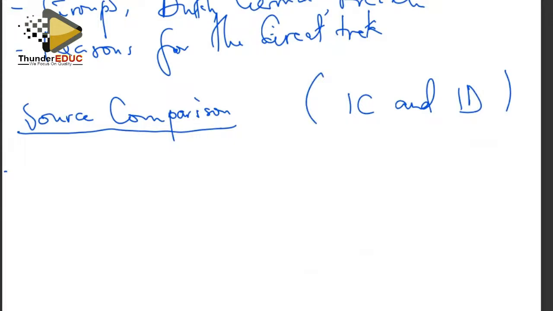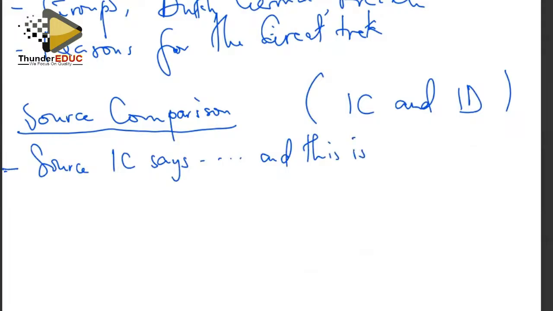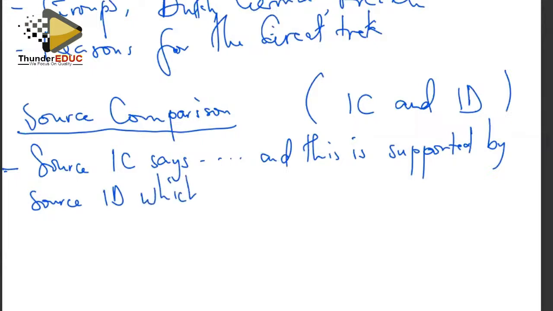You say in your response, source 1C is a written source, source 1C says, you pick an idea, and this is supported by source 1D. Remember, source 1D is a visual. Source 1D shows whatever. That is how you compare sources.